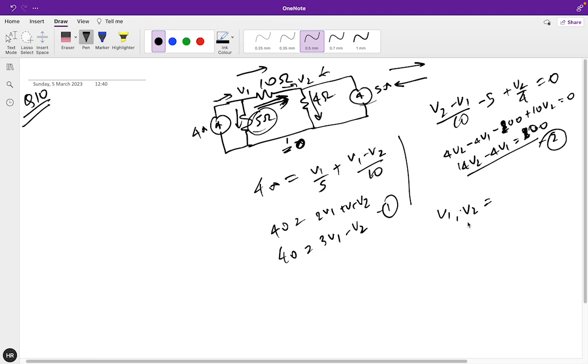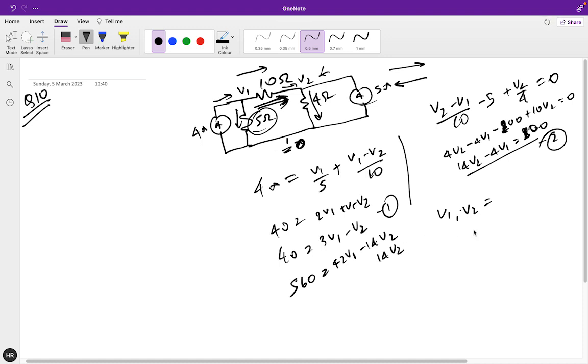You need to find the value of v1. Why are you taking that much time? 14 into 4 is 56, so we are getting 560. 14 into 3 is 42, so that is 42v1 minus 14v2.